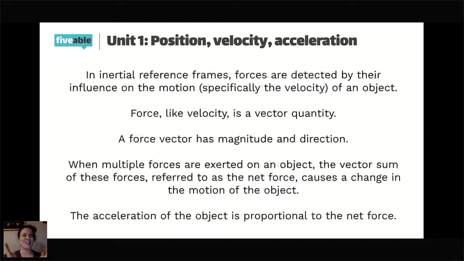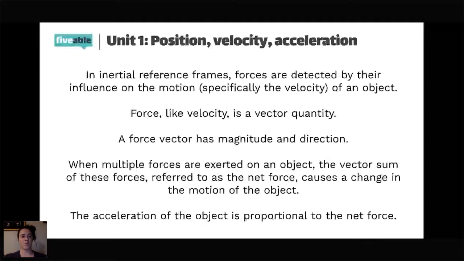All right, so in inertial reference frames, forces are detected by their influence on the motion, specifically the velocity of an object. Force, like velocity, is a vector. And a force vector, since it's a vector, means it has a magnitude and a direction.